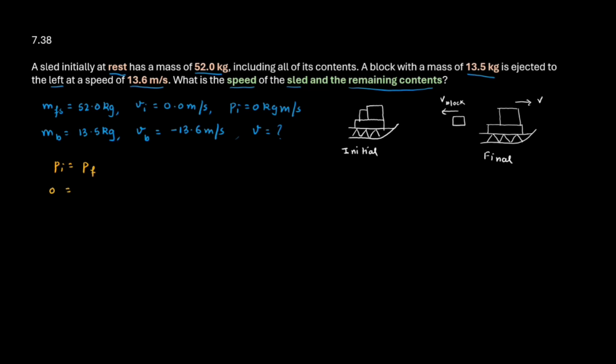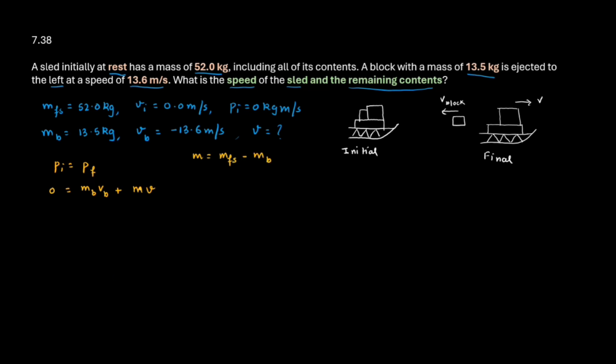Final momentum will be the momentum of the block, which is mass of the block times its velocity, plus the momentum of the sledge with remaining content. So we can write it as mass m, which is the mass of the sledge with remaining content, times the velocity v. This mass m you can calculate by subtracting the mass of the block from the mass of the full sledge. So I can write m as mass of full sledge minus mass of the block.